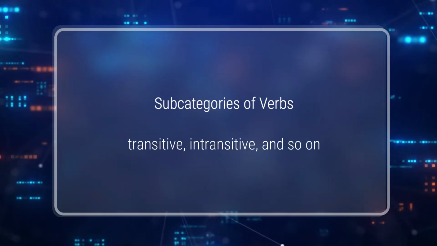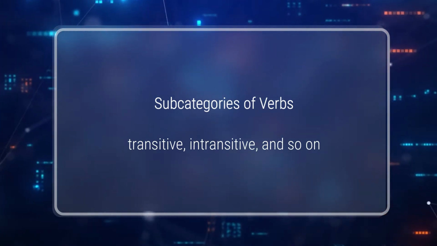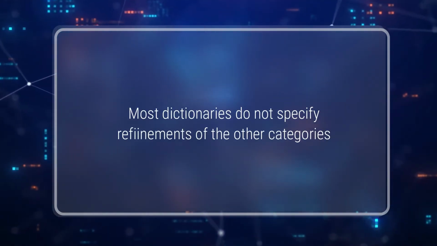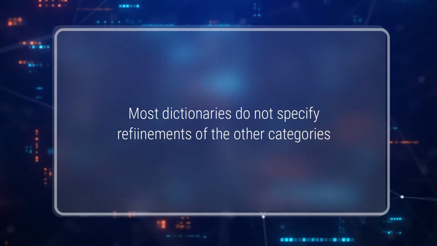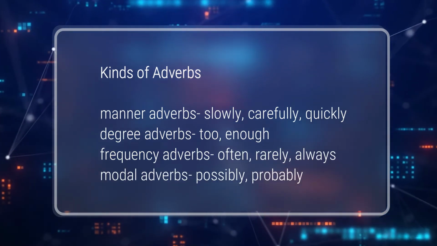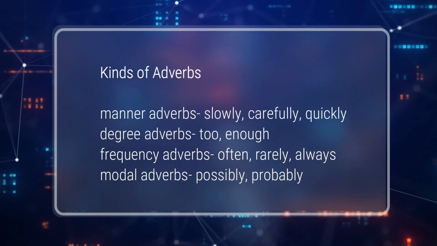Say, for example, there are many different subcategories of verbs, some of which are distinguished in the dictionary, like transitive, intransitive, and so on. Most dictionaries do not specify refinements of the other categories, but they are needed there too. Say, for example, there are many different kinds of adverbs, like manner adverbs, degree adverbs, frequency adverbs, and modal adverbs.